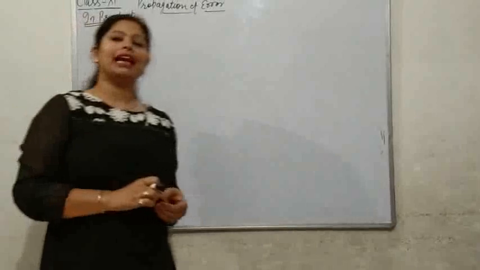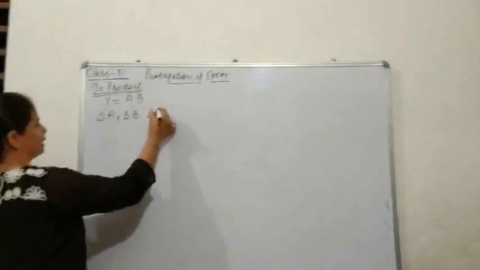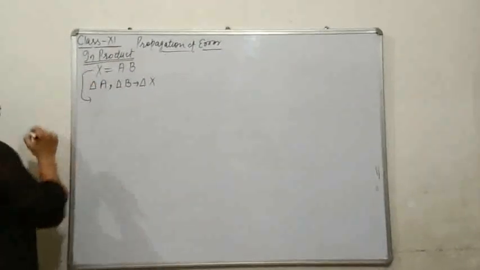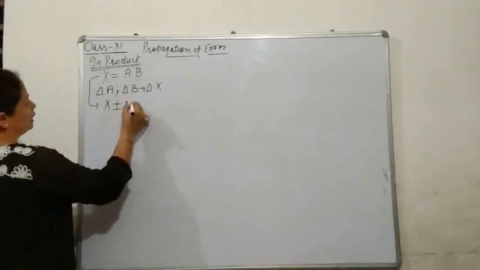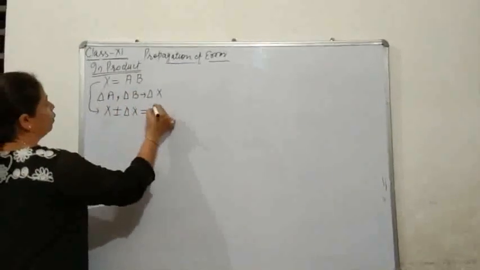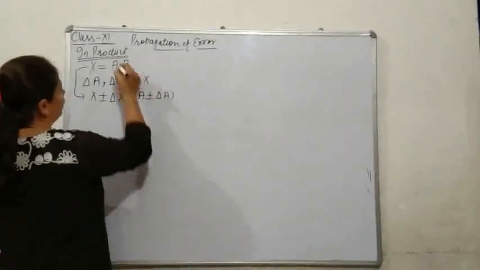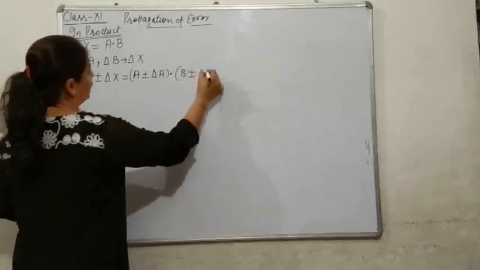As a and b are having error, so the result x must be having error, that is represented by delta x. Giving the next expression in errorless notation, that is equal to x plus minus delta x, that is equal to a plus minus delta a into b plus minus delta b.